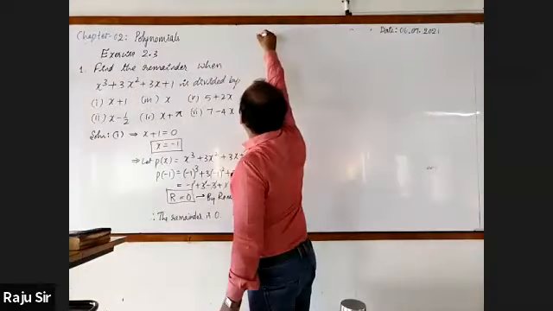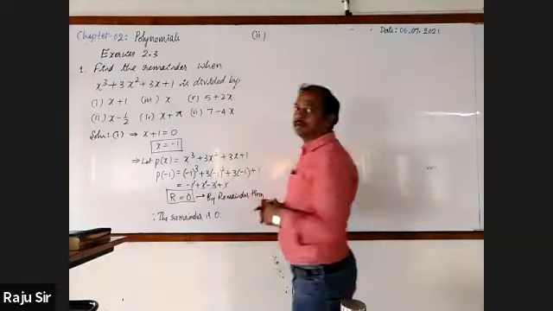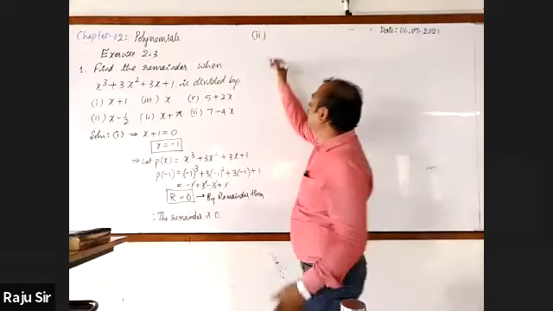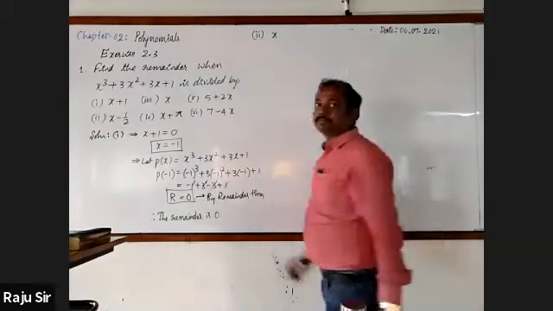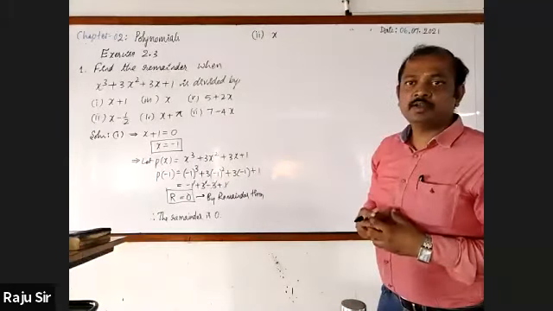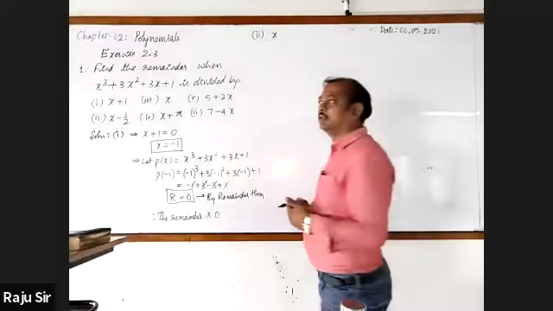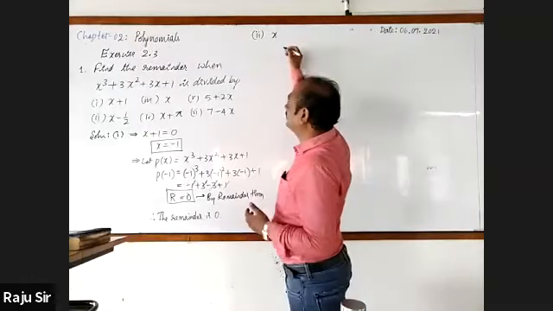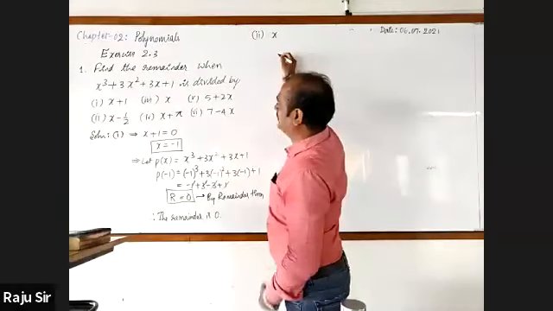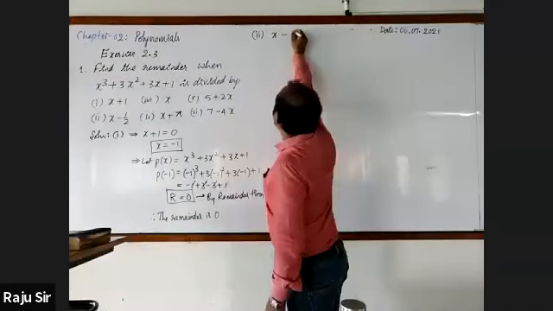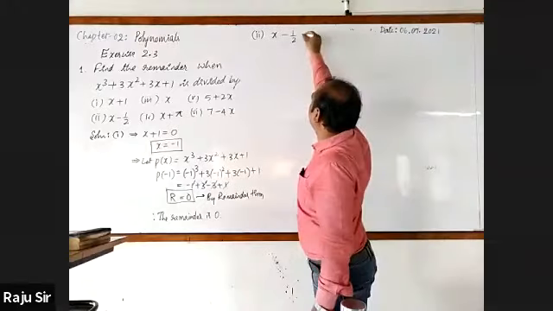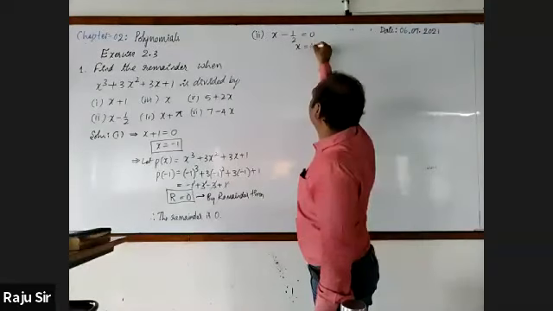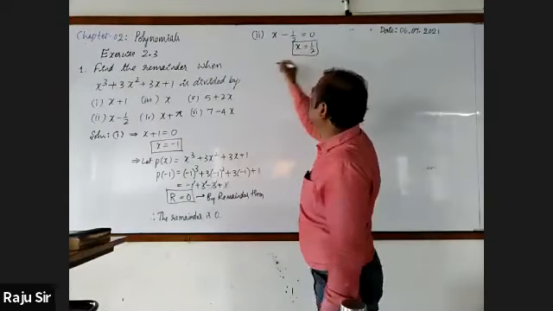Next, let's move on to the second one, as quickly as possible. Here we have the polynomial x cube plus 27 by 8, and the divisor is x minus 1 by 2. Equate this to 0. Then x is equal to 1 by 2.